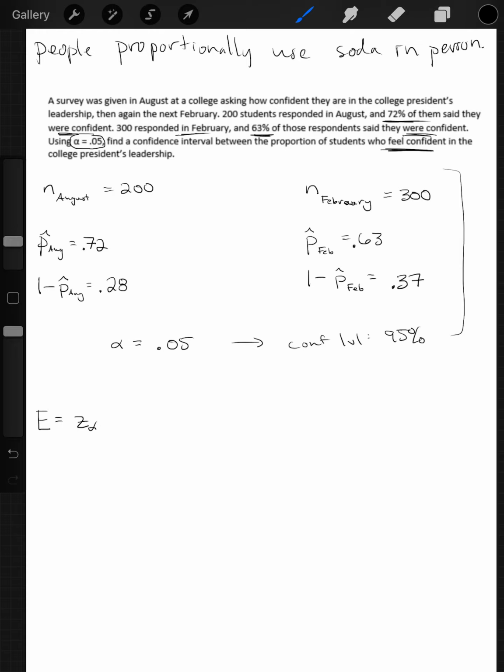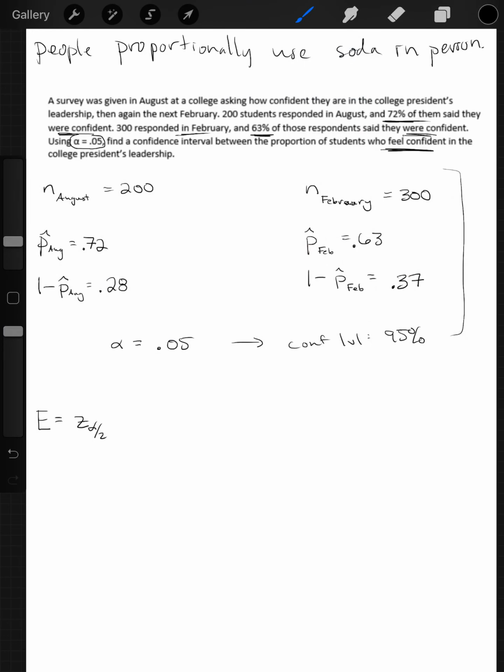So the formula is E is z sub alpha over 2 times the square root of p-hat August, 1 minus p-hat August, all over n August, plus p-hat February, 1 minus p-hat February, all over n February.